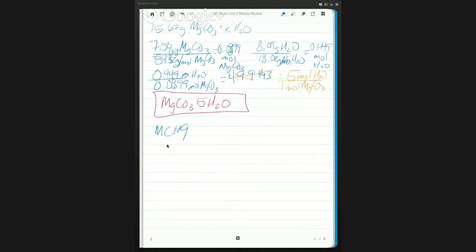You have 20% potassium by mass of the whole thing. So that means 20 grams. Let's say it's a 100-gram sample, 20 grams of it is potassium. We just always use 100 grams because it's easiest.